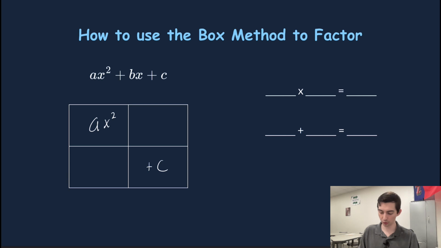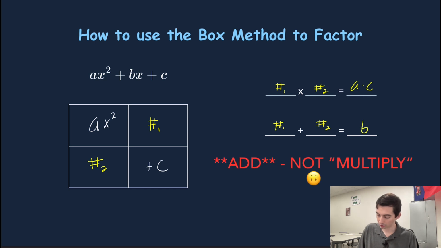And now in these two diagonal boxes, we're looking for what we call two key numbers. Okay? And so these key numbers are important. My key number 1 times my key number 2 need to multiply to my a term times my c term. And those same two key numbers need to multiply to my b term.